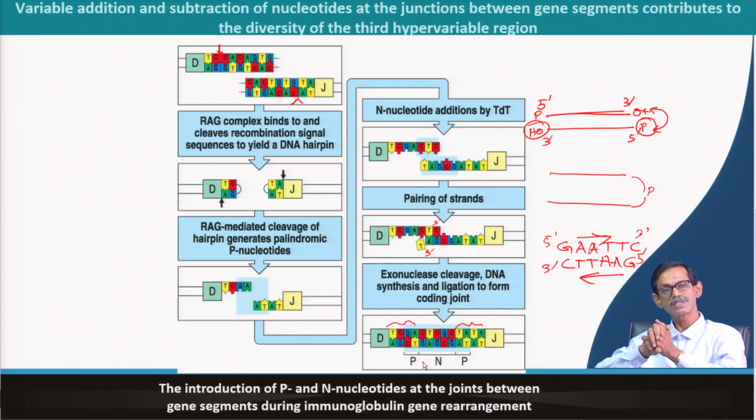During the synthesis of B cell receptor or T cell receptor, that is totally random, and this NP nucleotide addition gives a huge diversity which did not exist before, and this is the third reason for antibody diversity or lymphocyte receptor diversity.